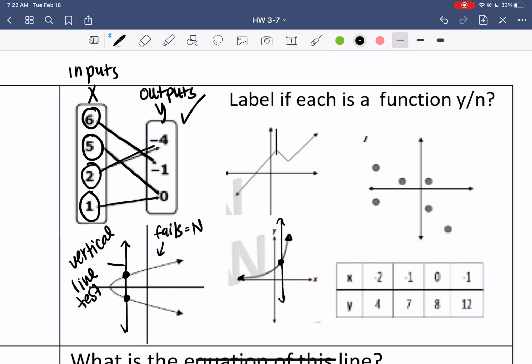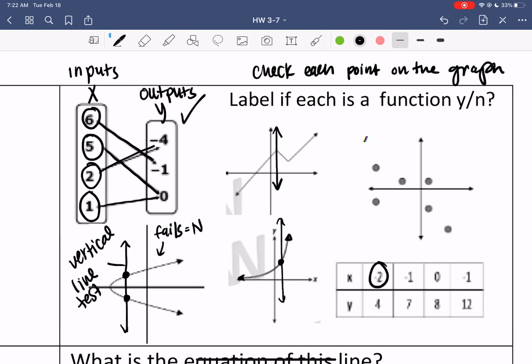With all of these, you'll want to check your vertical line test, and make sure that you take your vertical line all the way across. Check each point on the graph.